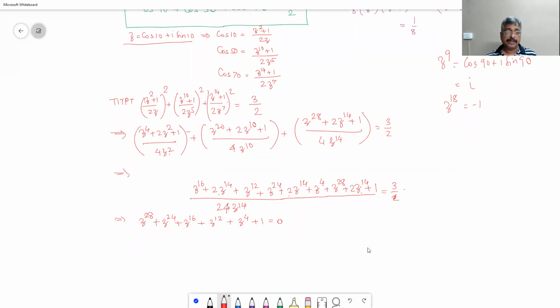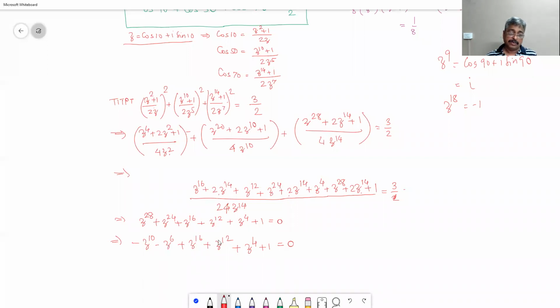Let us do it using 18 only. If we do this 18, then it is minus z raised to 10. How much will this be? Minus z raised to 6 plus z raised to 16 plus z raised to 12 plus z raised to 4 plus 1 is equal to 0.